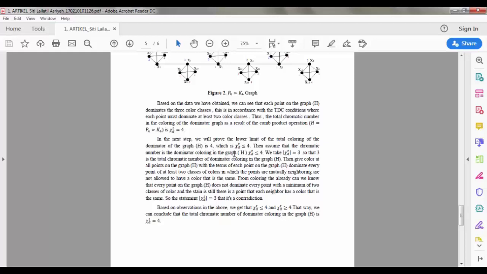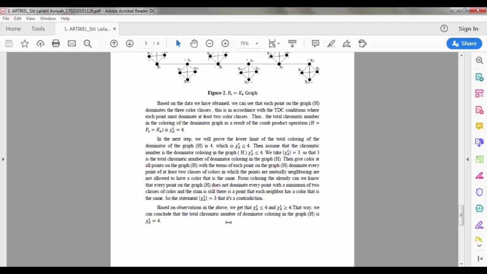Assume that the total dominator chromatic number of graph H is less than 4, so we take χ_td equal to 3, and then the statement leads to a contradiction. Why? Because in this coloring, not every point on graph H dominates every point with a minimum of 2 color classes, and there is still a point whose neighbors have the same color. Based on the observation above, we get that χ_td is less than or equal to 4, and χ_td is greater than or equal to 4.